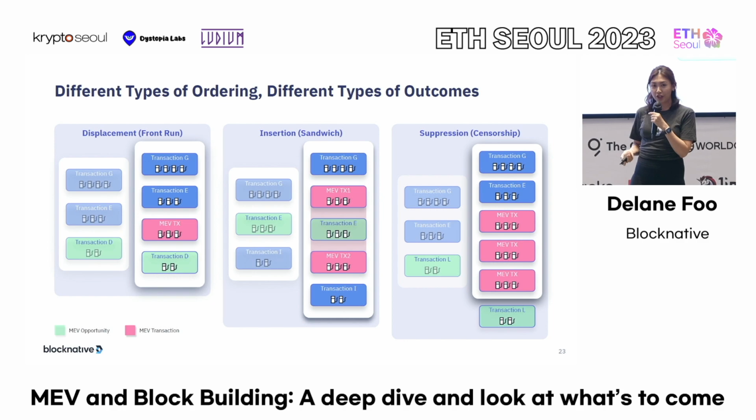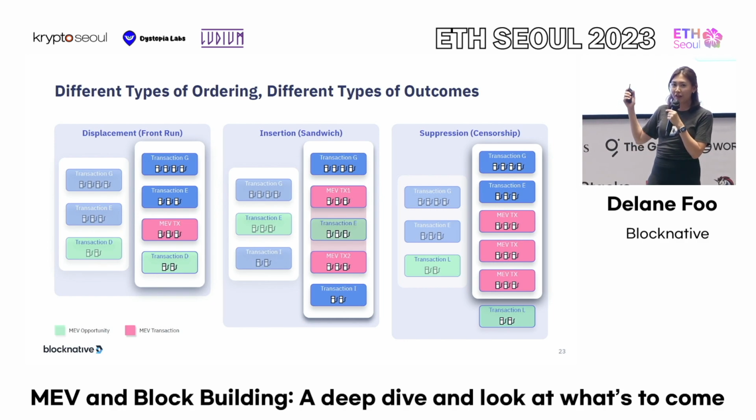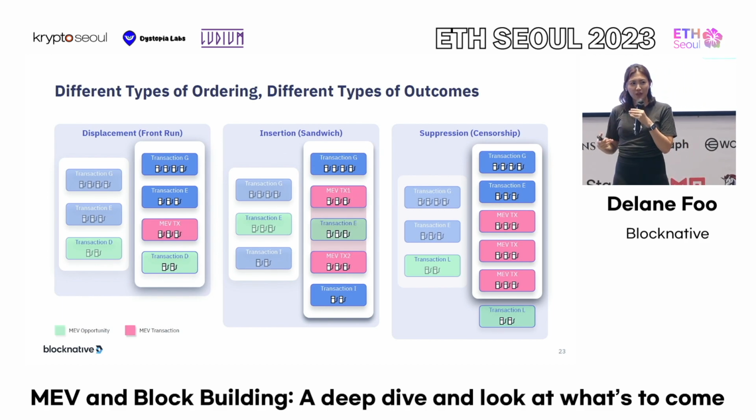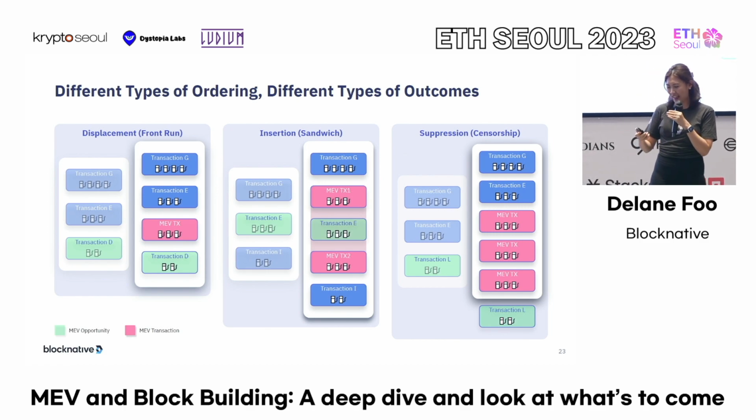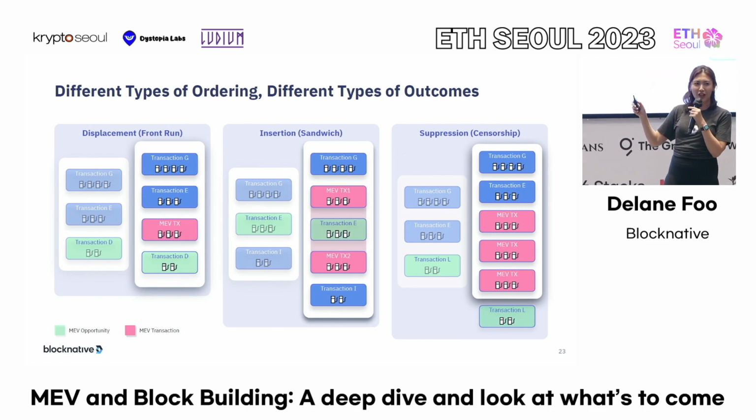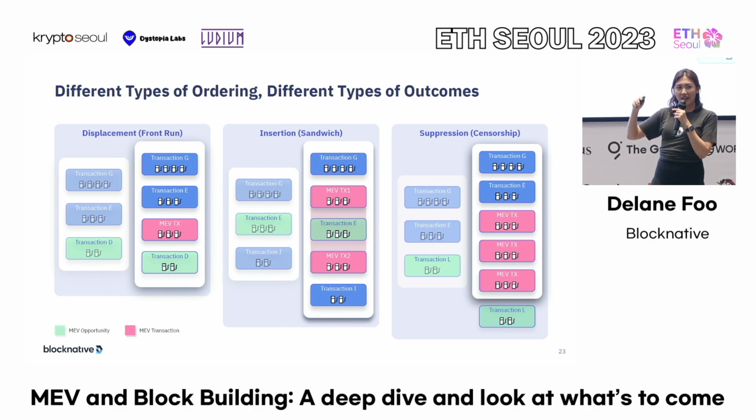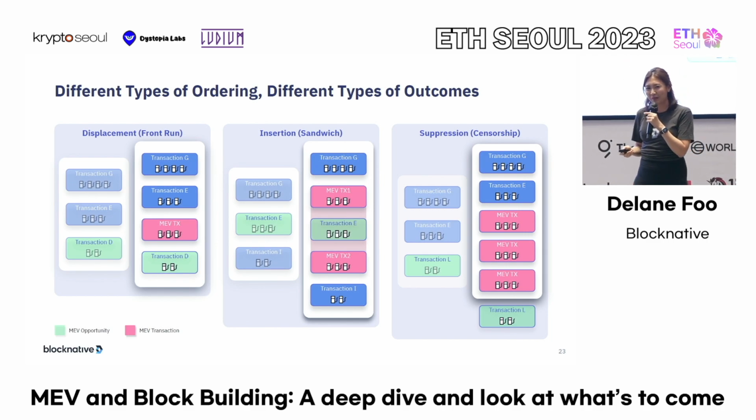There's also suppression or censorship, where you have these multiple transactions that come in before the target transaction, and as a result, the target transaction gets pushed out of the block or does not get included in the block. So this happens during major NFT drops, where it's just wild, right? And in fact, what's interesting is earlier when I shared with you that slide on the outsized MEV revenue, that was an NFT drop event.